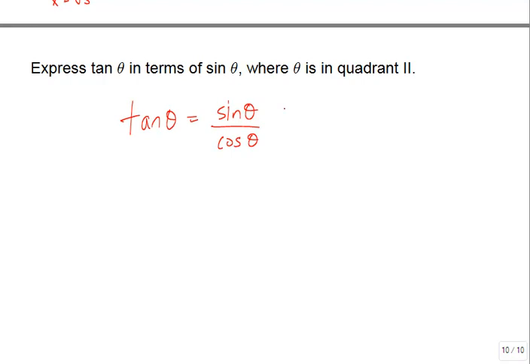Now, the numerator is already in terms of sine. However, the denominator is not. So what we're going to have to do to finish this problem is somehow figure out a way of converting cosine into the sine function.